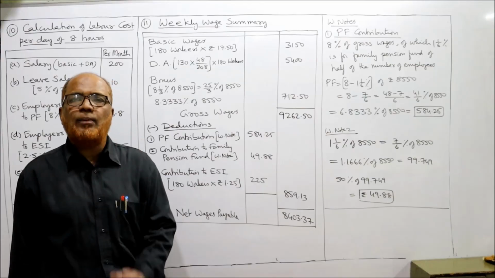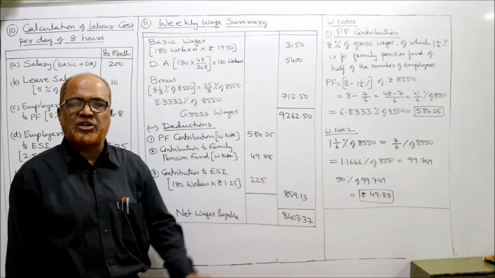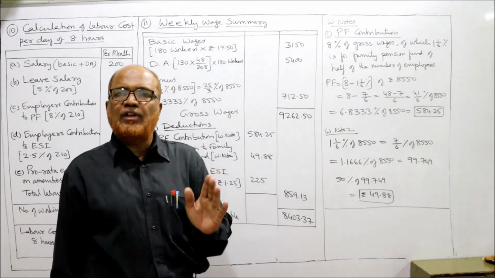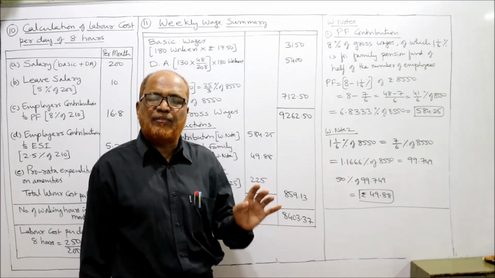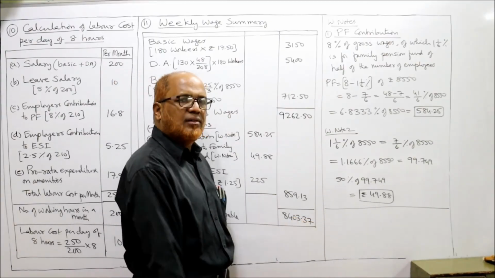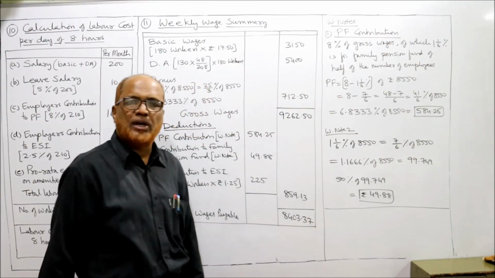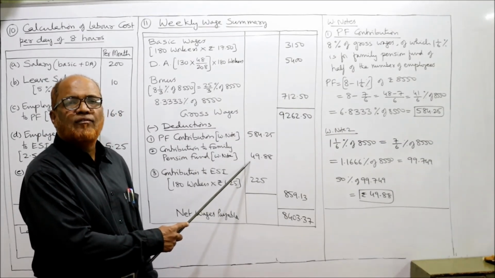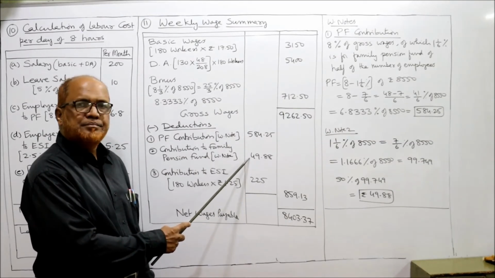But half of the employees are availing the benefit of Family Pension Fund. Not all employees. It is given half of the employees are availing the benefit of family pension. So half, 50% of 99.749, comes to 49.88. So 49.88 is the contribution for family pension fund, right?